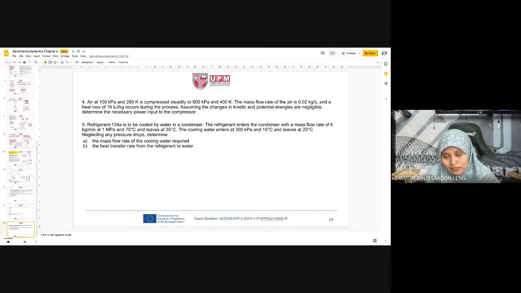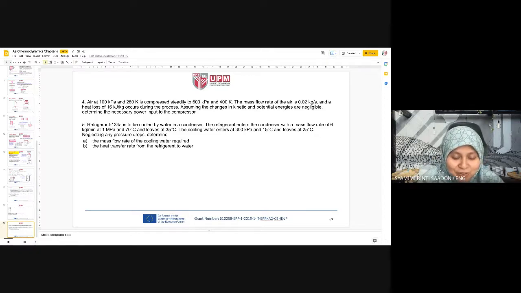So power yang kita guna untuk compressor itulah power yang kita calculate untuk berapa banyak electricity kita guna untuk satu-satu device itulah. So sebab tu that's why if our house compressor rosak, the compressor is broken down, aircon electricity jadi mahal lah. Salah satu punca lah.